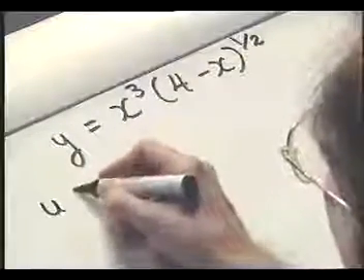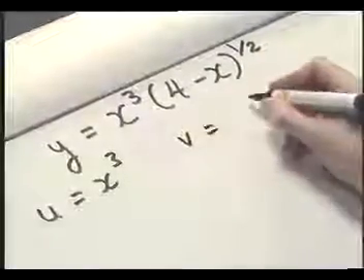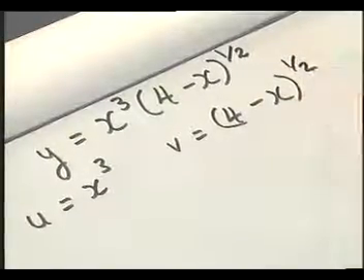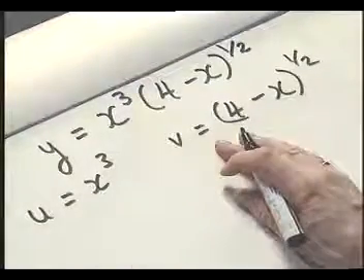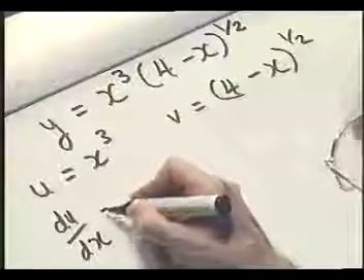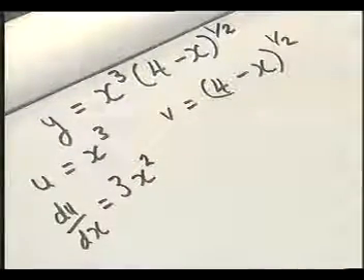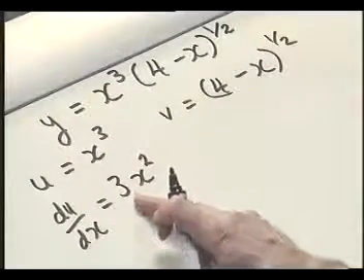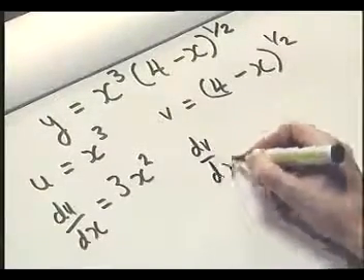So let's try and get into the habit of identifying these functions very specifically. So we've identified the two bits that are being multiplied together to make the product, u and v. Now let's do their derivatives. du by dx is 3x squared. Remember, multiply by the index and take one off it, so that gives us a 3x squared. dv by dx.